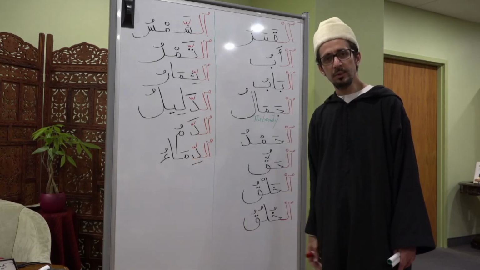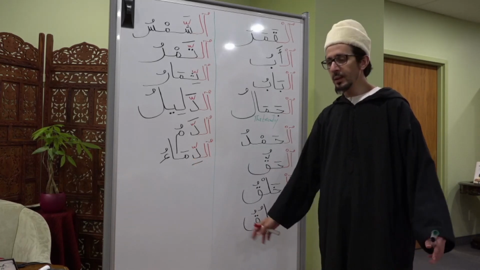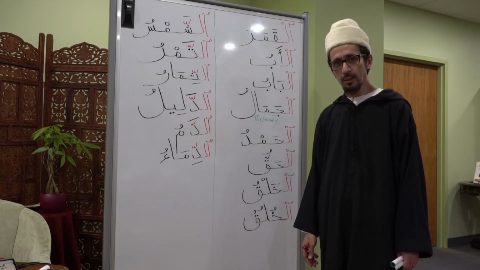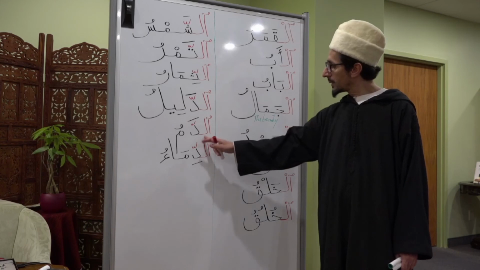Ad-dima' is the blood of many persons. If we say in Arabic, salat dima' kathira, it means lots of people were killed. But ad-dam, ad-dima'.